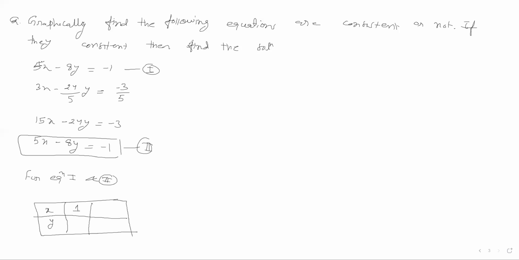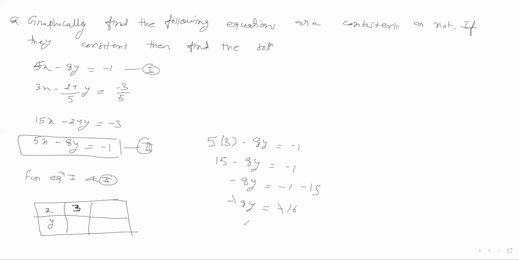So I am going to find these solutions or values in integer form. When I put x equals 3, what will I get? 5 into 3 minus 8y equals -1, so 15 minus 8y equals -1, and from here minus 8y equals -1 minus 15, so minus 8y equals -16.